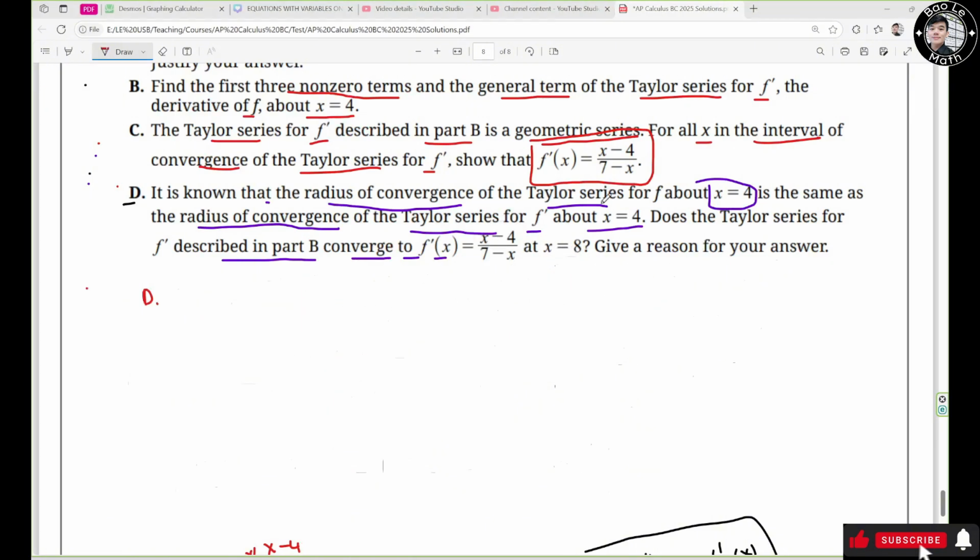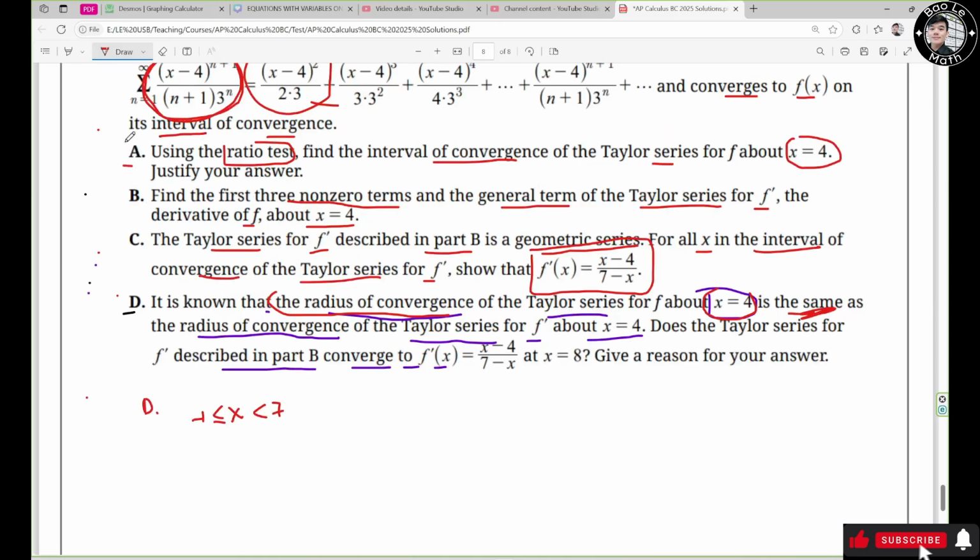Now, since the radius of convergence of the Taylor series for f about s equals 4 is the same as that for f prime about s equals 4, the interval is negative 1 less than s less than 7, which you found in question A. Now, since s equals 8 is outside of this, it's going to be no.